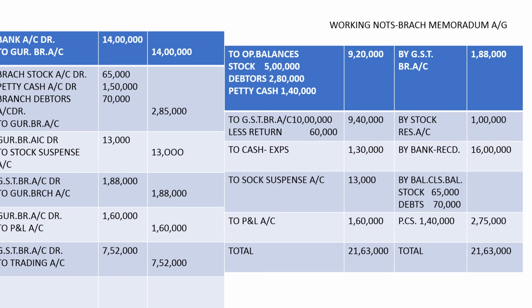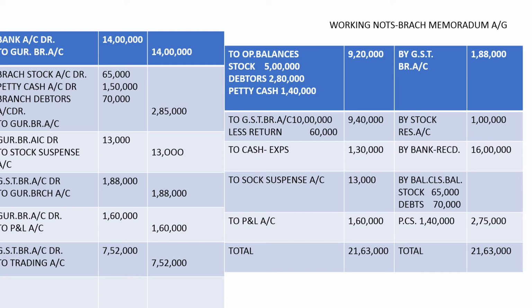This is loading on 9,40,000. 1/5 of that, it comes 1,88,000. By stock reserve. Opening stock was 5 lakh. On that, loading would be 1/5, 1 lakh. By stock reserve account. This is a loading on the opening stock.